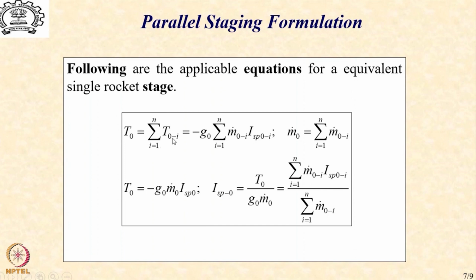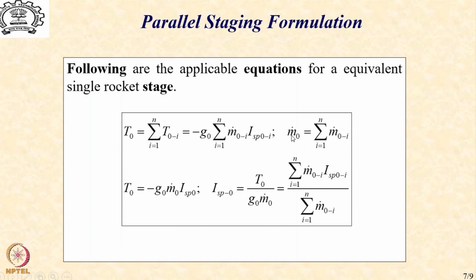Now we bring in our standard expression for the rocket thrust from our propulsion formulation, and we get the idea that this is going to be minus g naught, i equal to 1 to n, m dot, that is the mass flow rate of each of those rockets, into the specific impulse of each of those rockets firing together as zeroth stage.